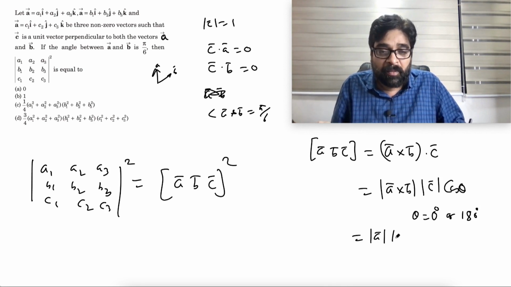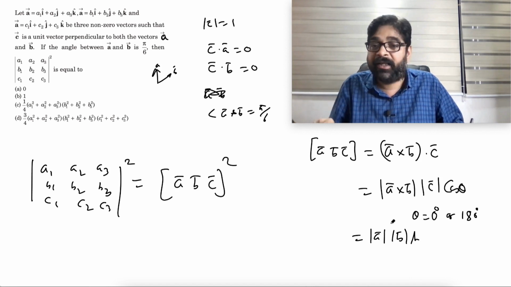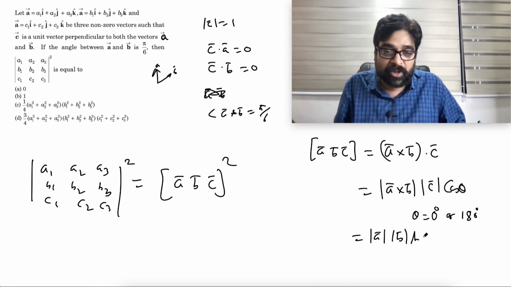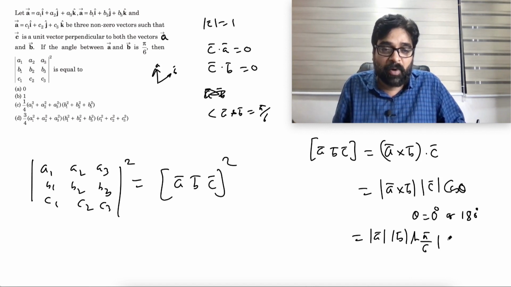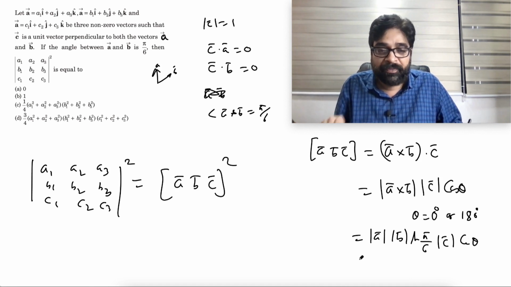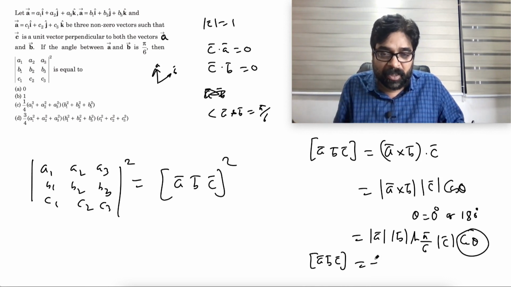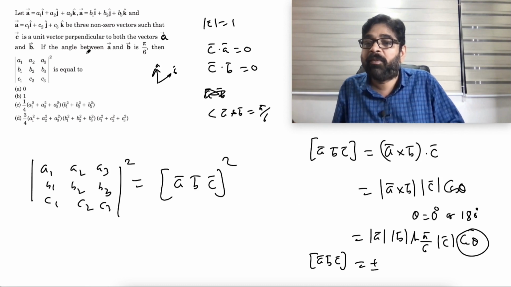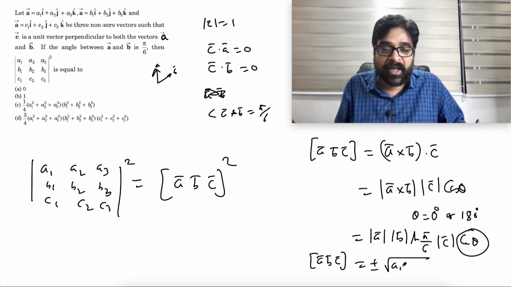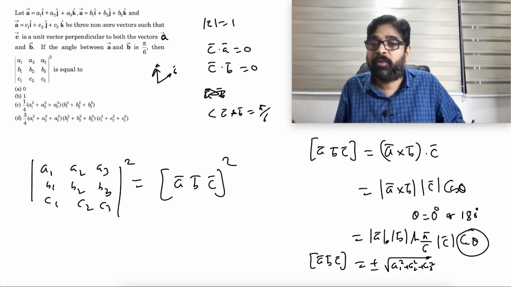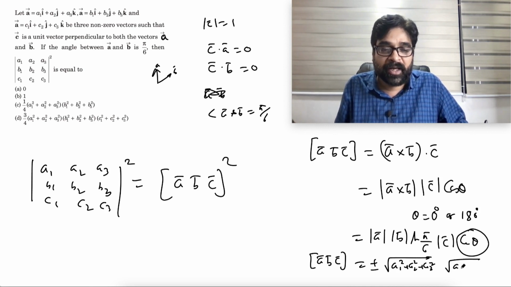And mod of A cross B will be mod A, mod B, sine of the angle between A and B. So sine pi by 6 into mod C into cos theta. So box ABC will be, cos theta either plus 1 or minus 1, so plus minus mod A, root of A1 square plus A2 square plus A3 square, into mod B, root of B1 square plus B2 square plus B3 square.